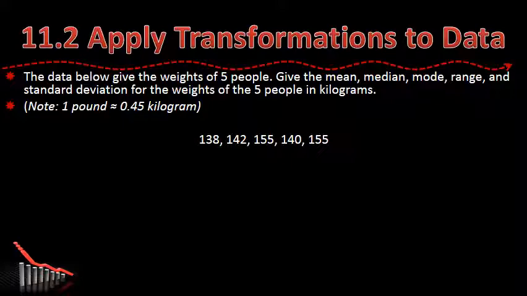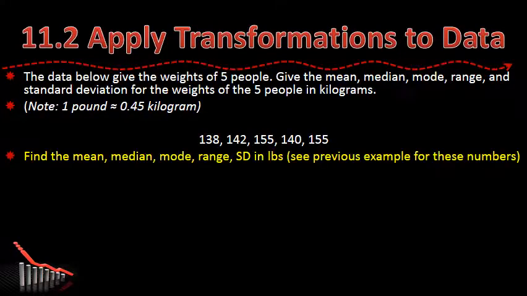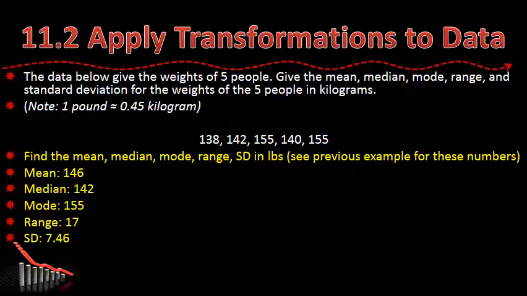Going back to our weights, we had these numbers from the previous example. The mean, again, can be found by adding these up and dividing by the number of numbers. The median is when I put it in order.